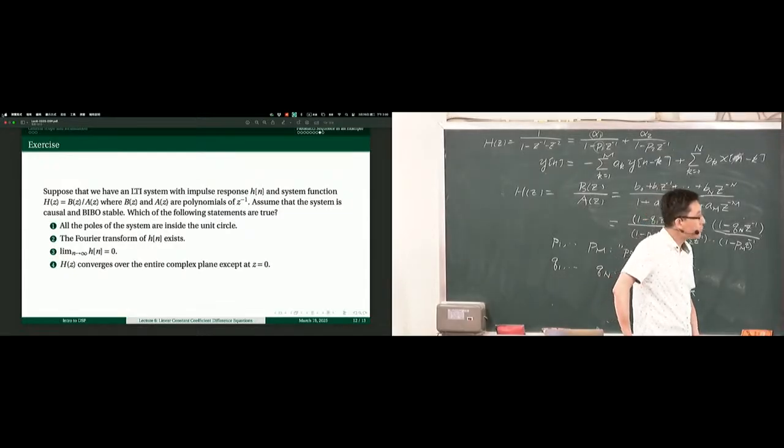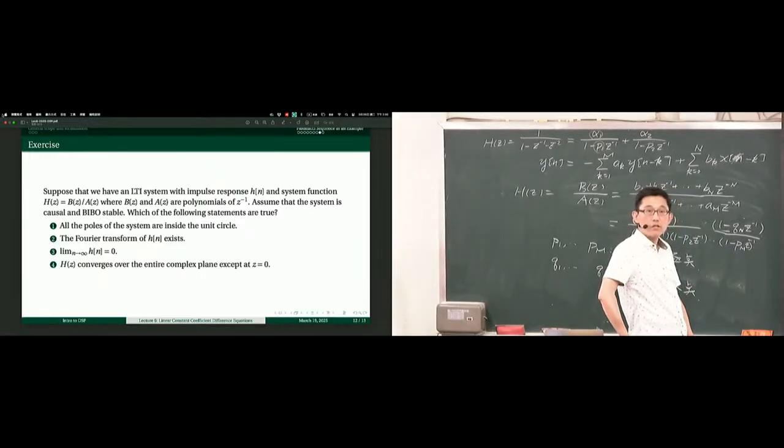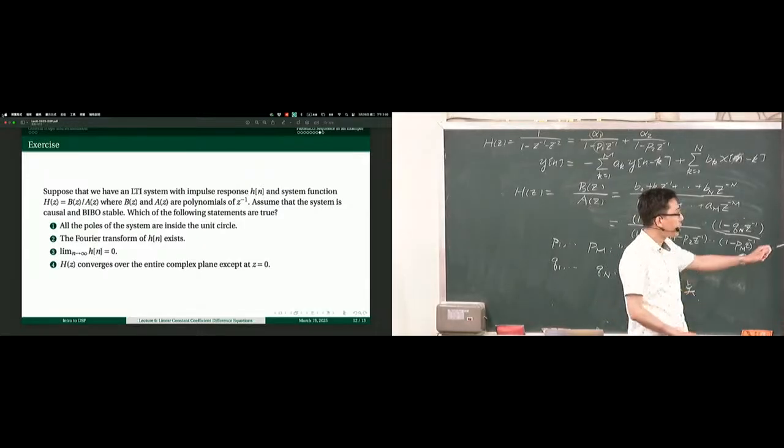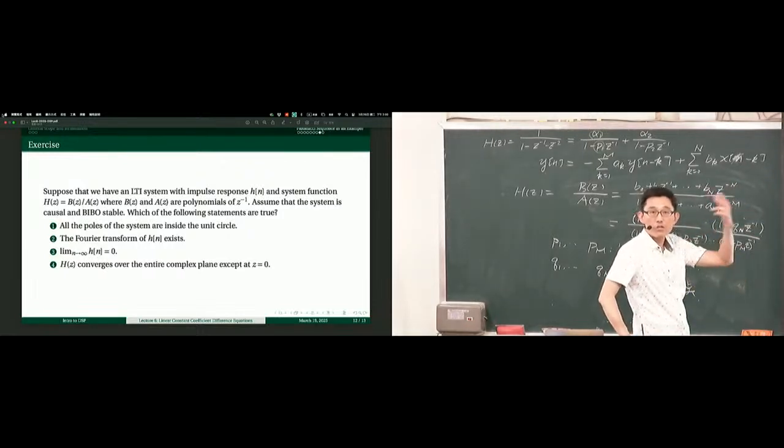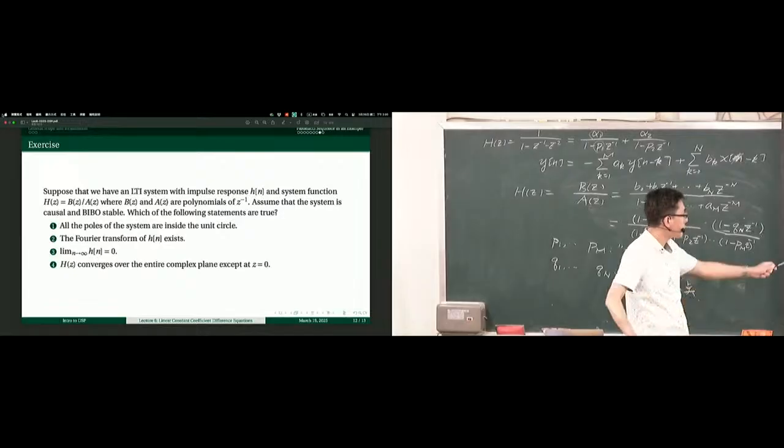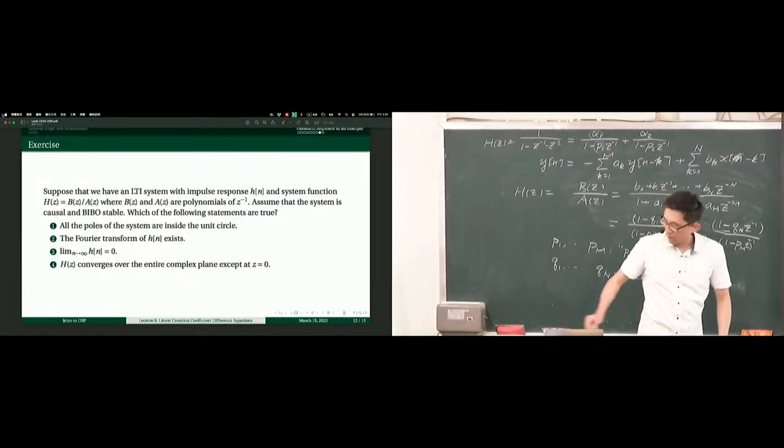If all the poles are inside the unit circle, then the region of convergence includes the unit circle. The region of convergence for causal systems should be outside the largest radius. But now all the poles are inside the unit circle. So let me draw a picture.